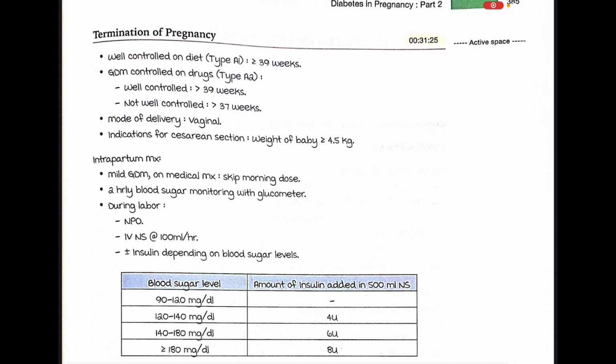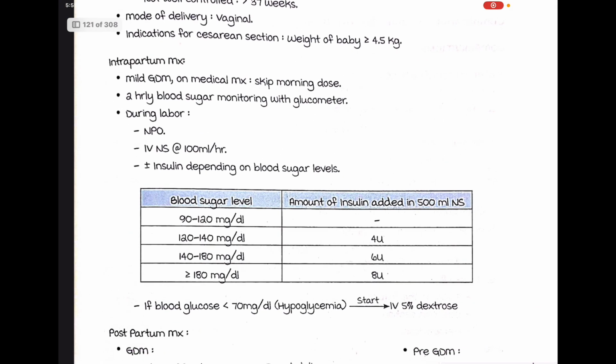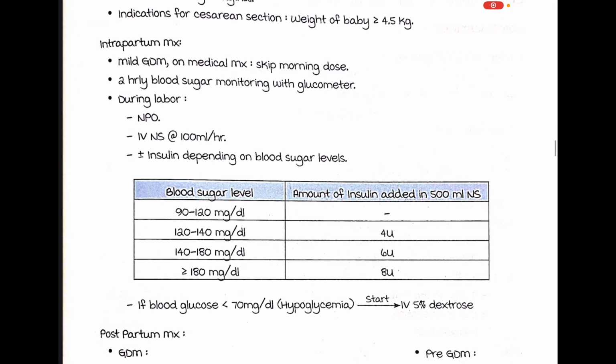Intrapartum management. In mild gestational diabetes mellitus on medical management, skip the morning dose. Do 2-hourly blood sugar monitoring with a glucometer. During labor, the patient is nil per oral, give IV normal saline at 100 mils per hour, plus or minus insulin depending on the blood sugar level.